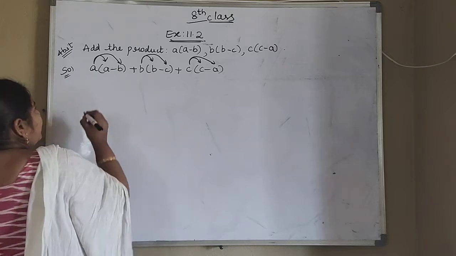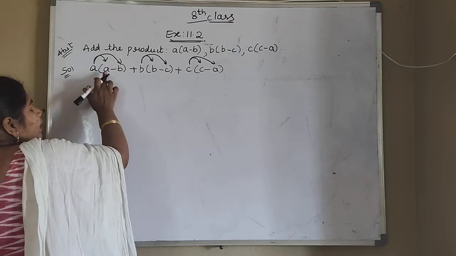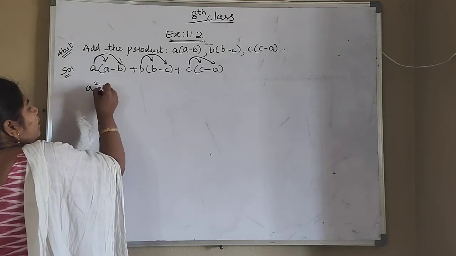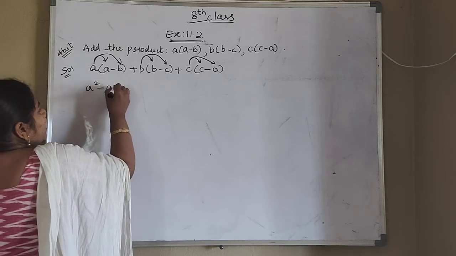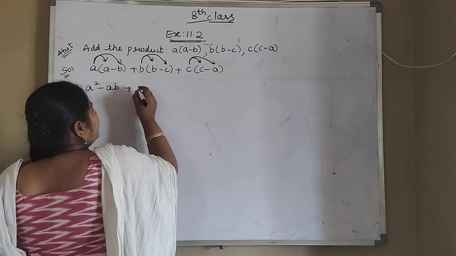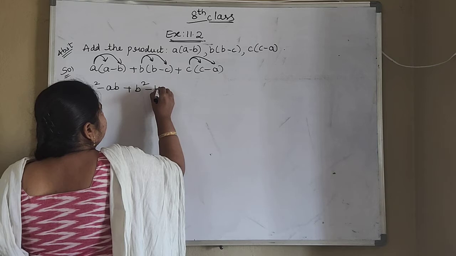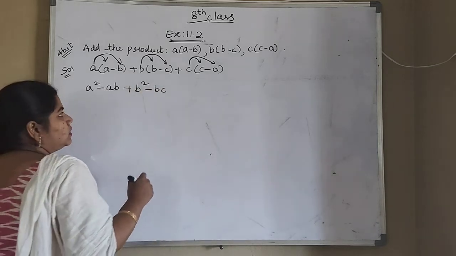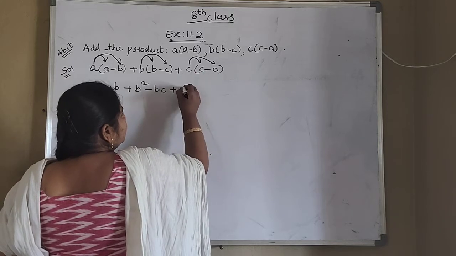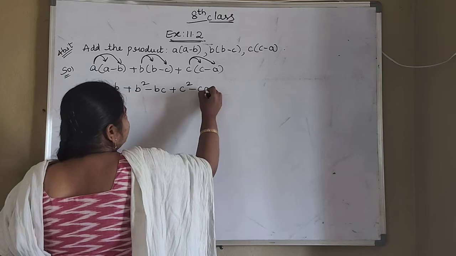So first you multiply. A into a, directly I am multiplying the terms: a square, minus a into b is ab, plus here plus is there, so plus b into b square, minus b into c, bc. Directly I am multiplying and writing. So plus c into c square, minus c into a is ca.